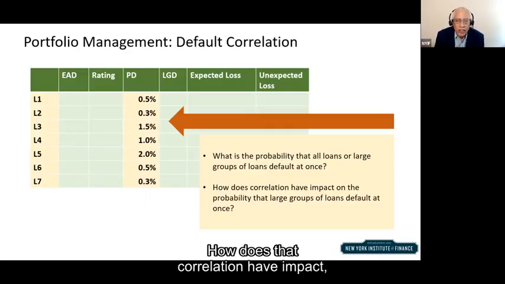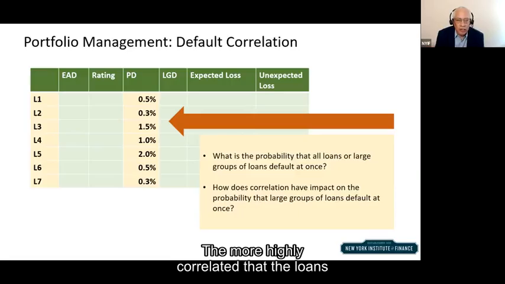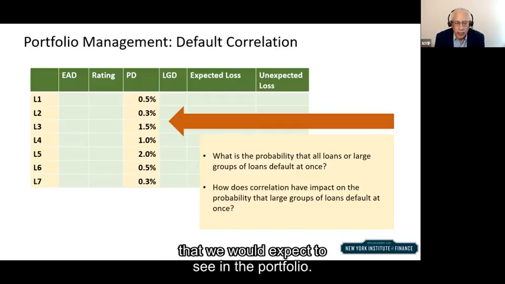And so how does that correlation have impact, not only in the probability that large groups of loans default all at once, but also in terms of calculating unexpected loss in the portfolio? So the more highly correlated the loans are in the portfolio, the higher the losses, or the unexpected worst case losses, that we would expect to see in the portfolio. There are different ways of approaching this.